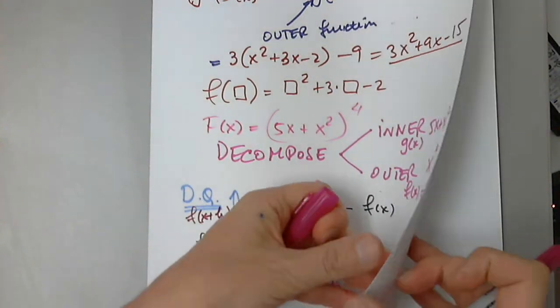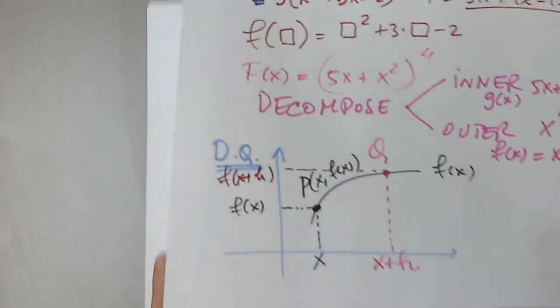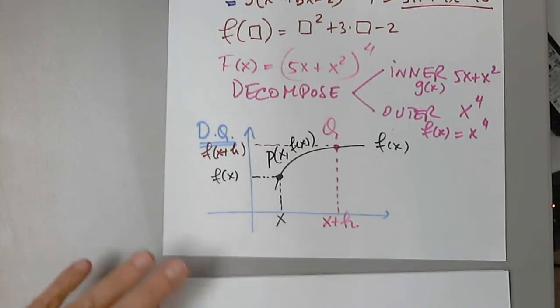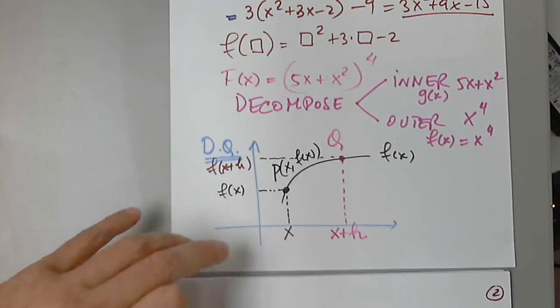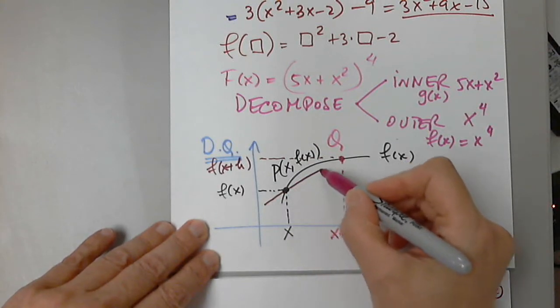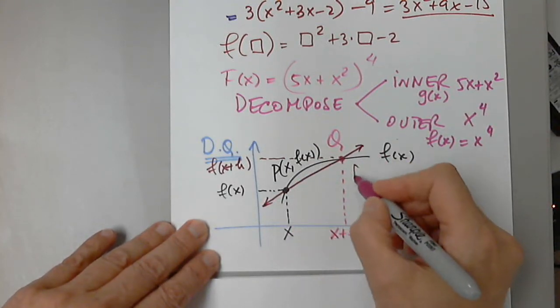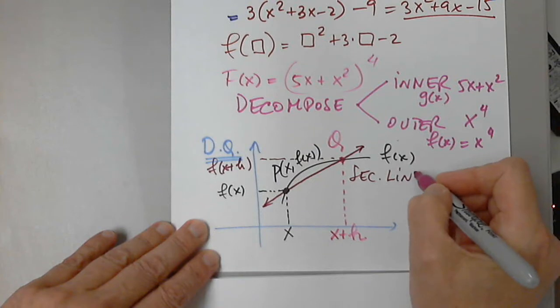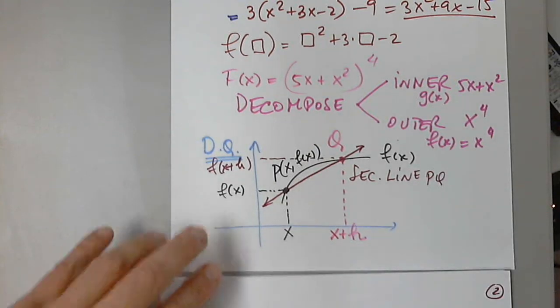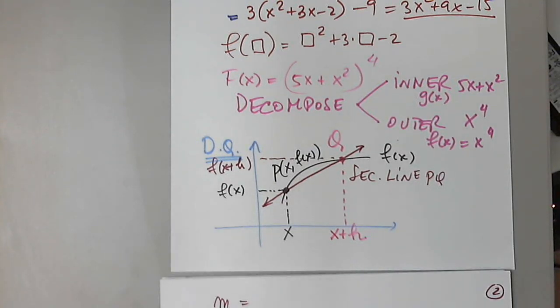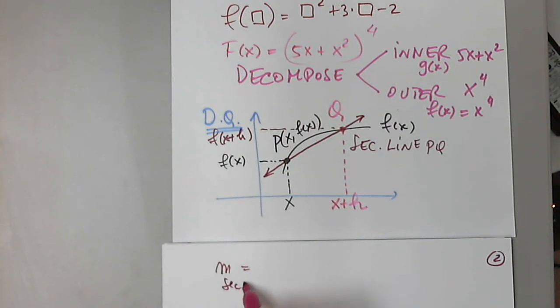So now I would like you to give me an expression for the slope of the line, the secant line. This is a secant line, not tangent. Secant line PQ. I would like you to give me the formula for the slope of the secant line PQ.